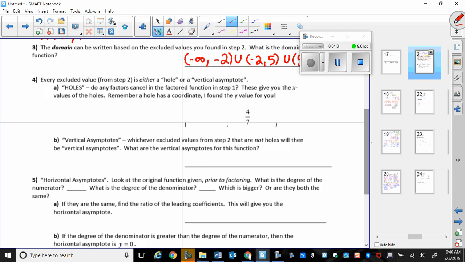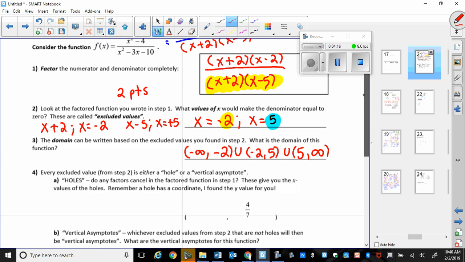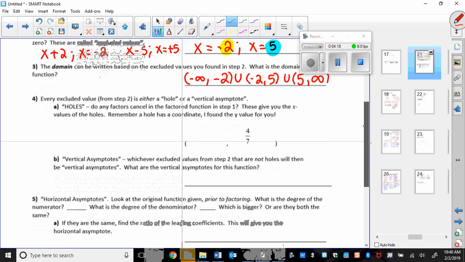Every excluded value from step 2 is either a hole or a vertical asymptote. Holes, do any factors cancel in the factored function in step 1? These give you the x values. So the factored function in step 1, if I go back up, I have x plus 2, x minus 2, x plus 2, x minus 5.